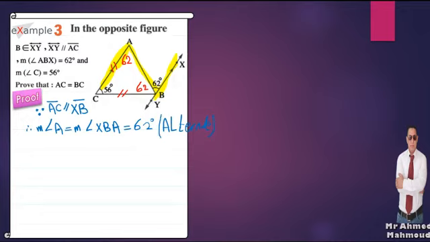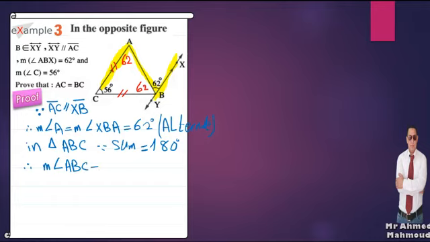Okay, in triangle ABC, since the sum of interior angles equals 180 degrees, therefore measure of angle ABC equals 180 minus (56 plus 62) degrees, equals 62.